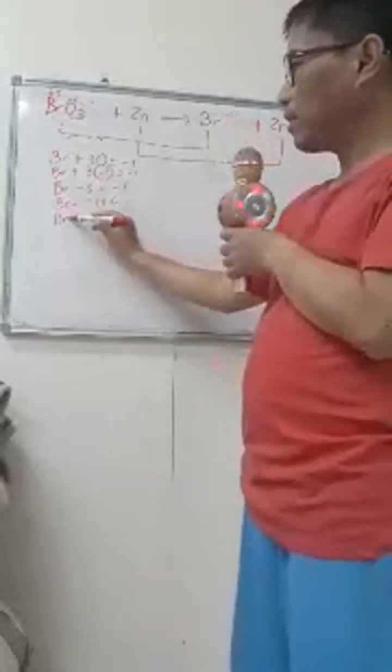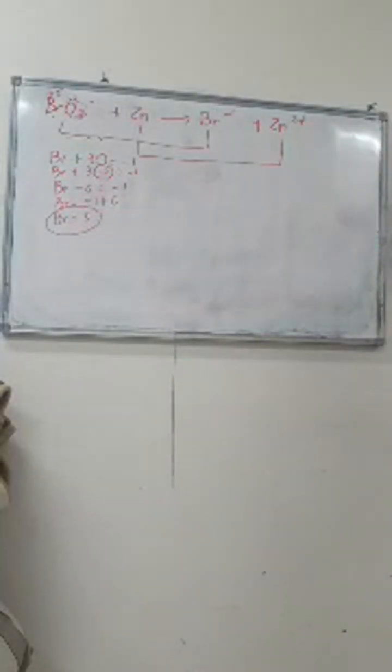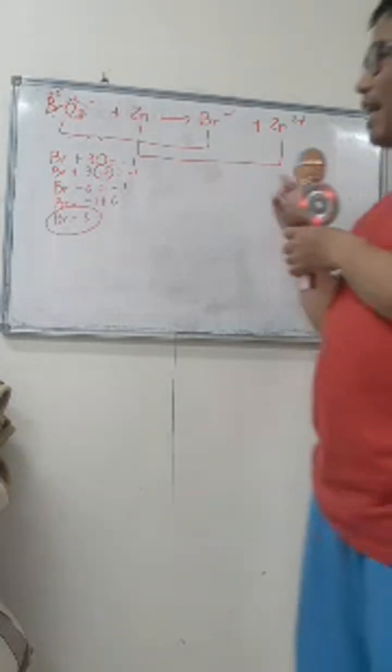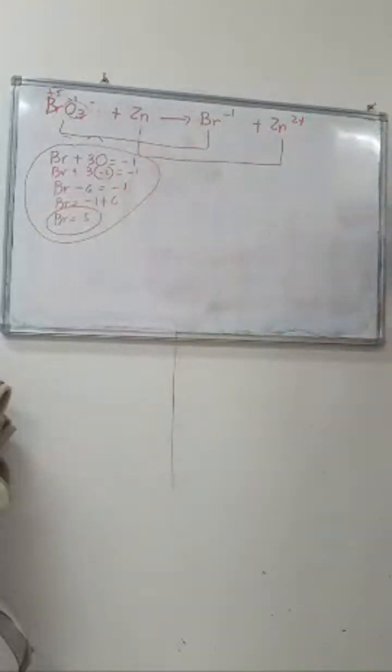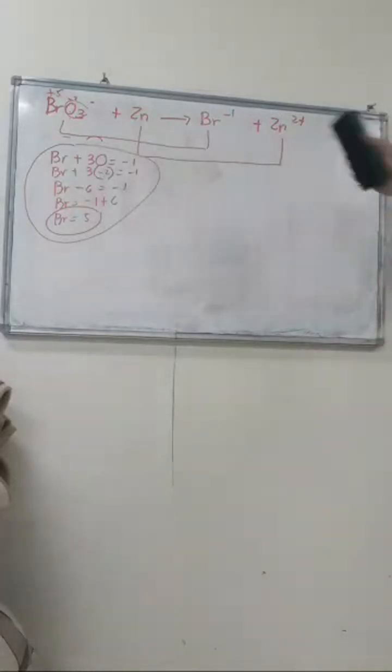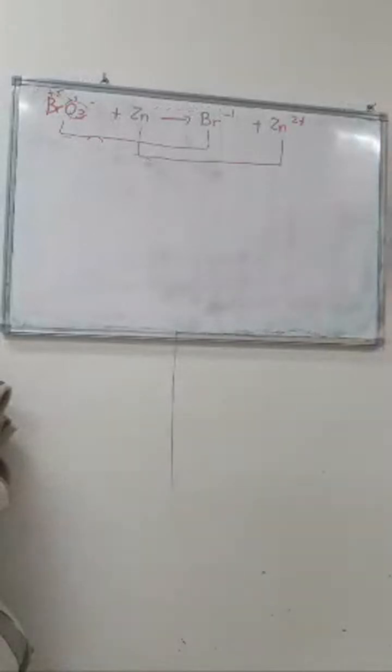So Br is equal to 5. It's up to you what method you use, but I like this algebraic expression, with a formula, for getting oxidation states and oxidation numbers because it looks perfect all the time, compared to the trial and error method. But if you are really an expert in assigning values by trial and error, you can do that also. It's up to you if you are comfortable with that.